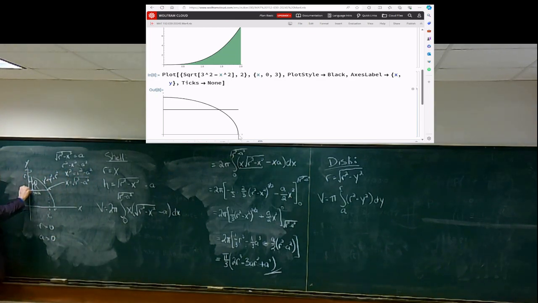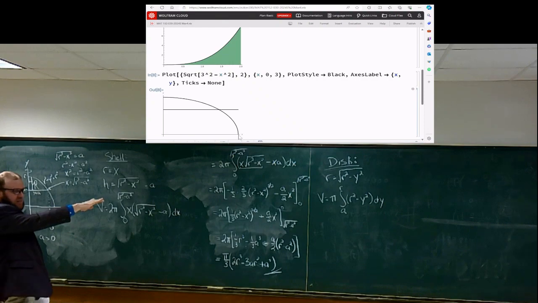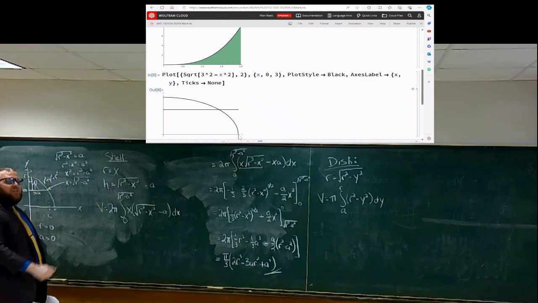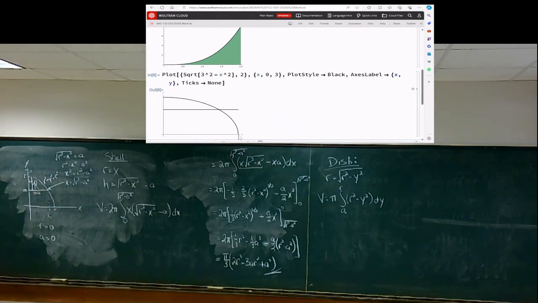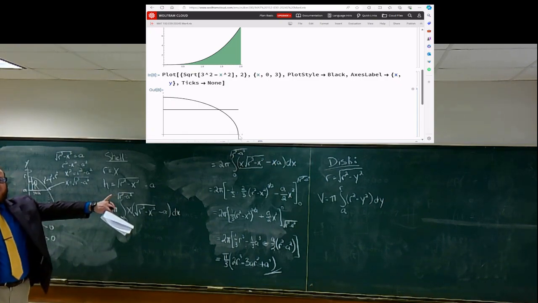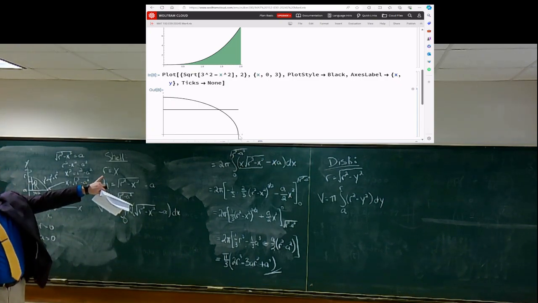Because the region doesn't start until a, and ends at r. Because remember, we're integrating with respect to y. So what does it cover along the y-axis? A to r. Well, that certainly looks a hell of a lot easier than that integral, right?